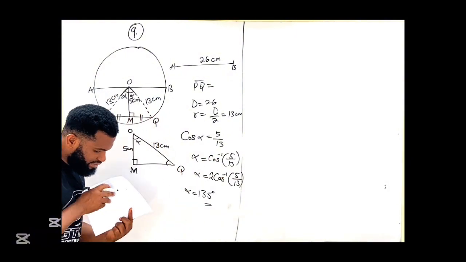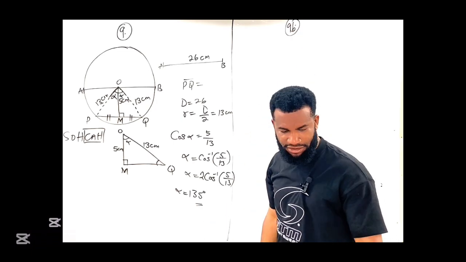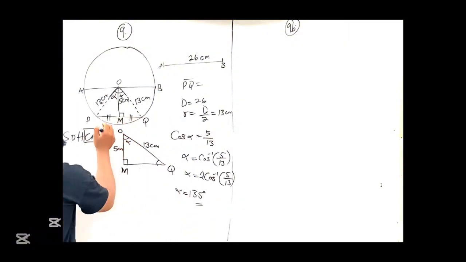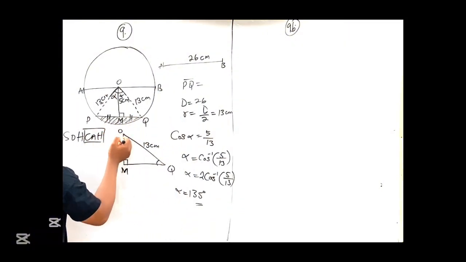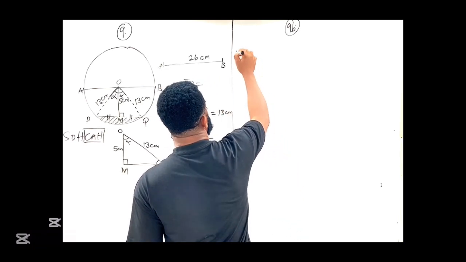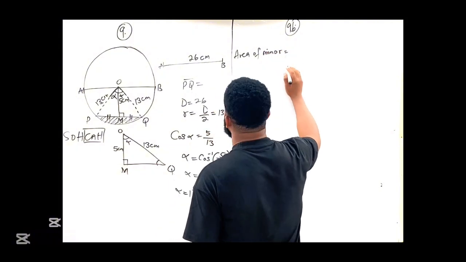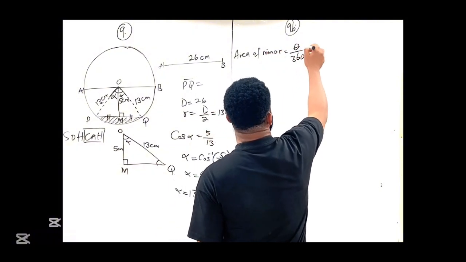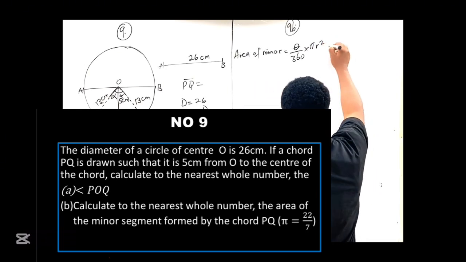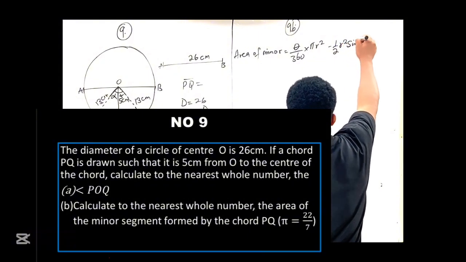So that is 9a. 9b says we should find the area of the minor segment formed by PQ. This place I'm going to shade right now is what I mean by the minor segment, and the formula for that: area of minor segment is theta over 360 times pi r squared minus half r squared sine theta.